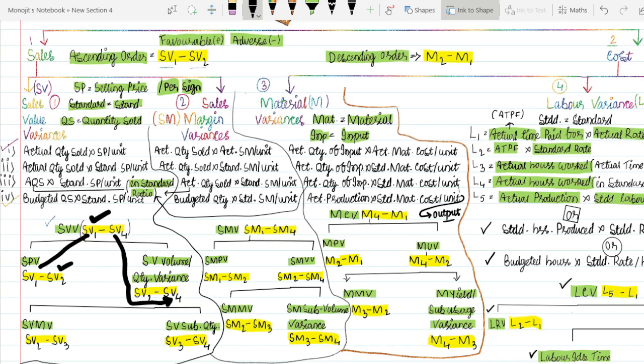In the questions of sales value, you have to maintain the ascending order. So this is the trick to remember the formula.